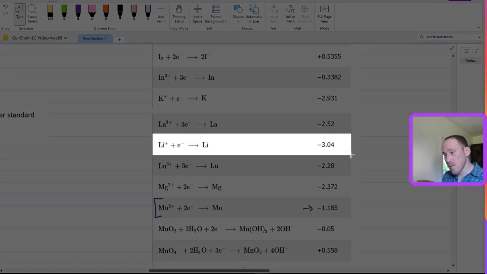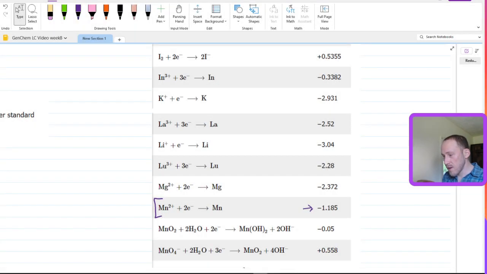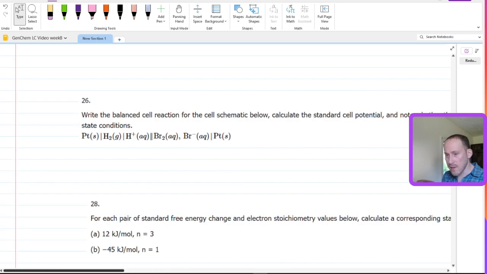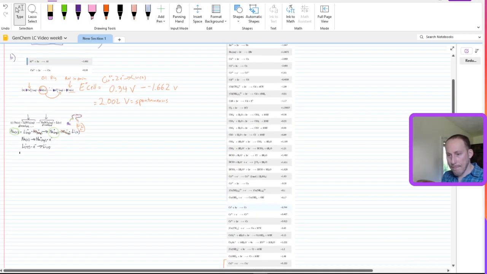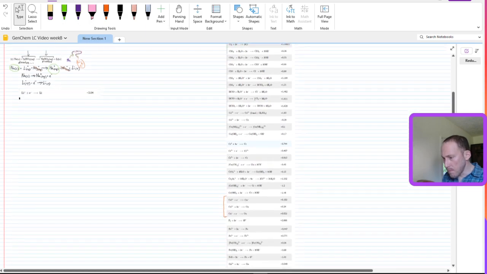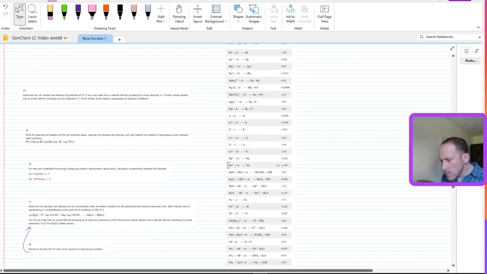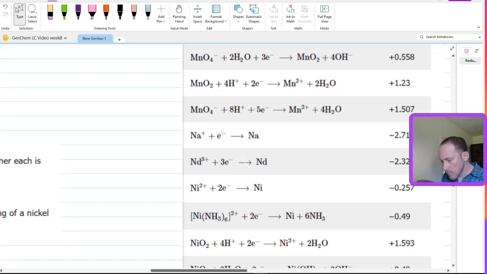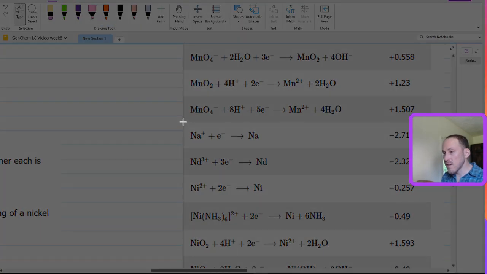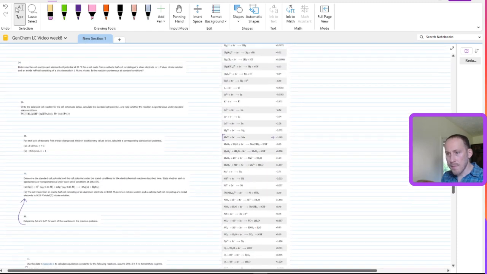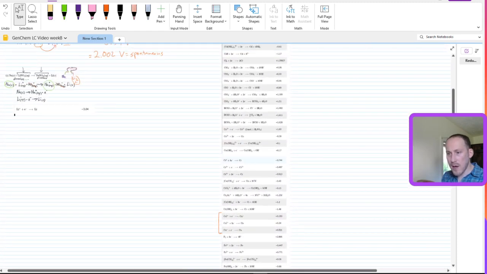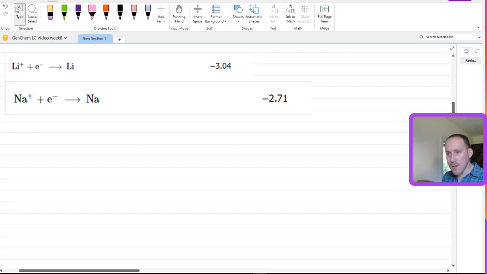So lithium really hates being reduced, right? Look at that. Very negative potential for lithium to be reduced. How about sodium? Not quite as negative. So let's see. Is the total cell positive or not is the question.